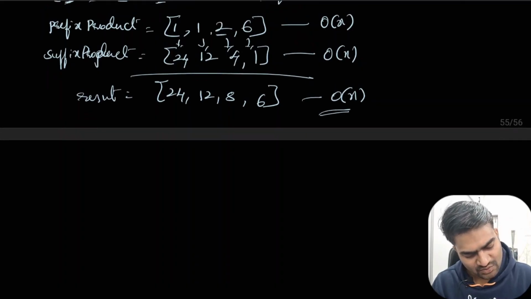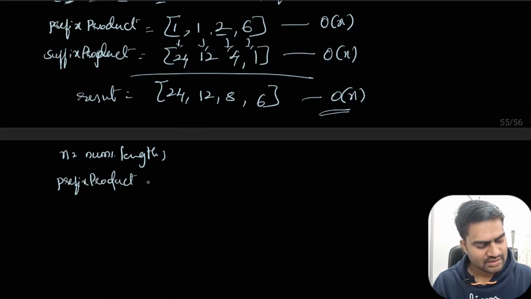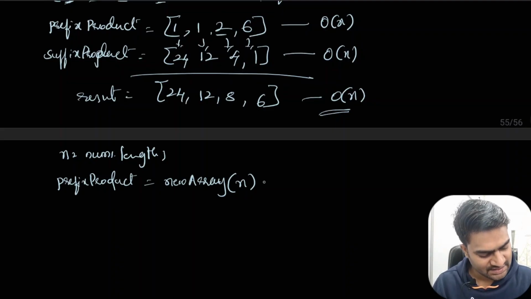So now what I will do, n will be nums dot length. Okay, then prefix product equal to new array of length n. Correct, right?